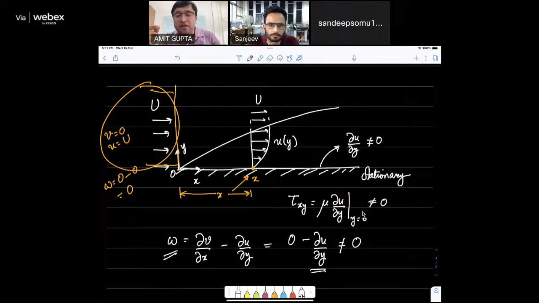It doesn't have to match the no-slip condition along the tangential direction, which I covered in the first lecture of this course: u dot t need not be 0, but u dot n has to be 0. But when you have a real fluid with non-zero viscosity, both conditions, u dot t and u dot n, have to be satisfied. So that is how we get rotationality.